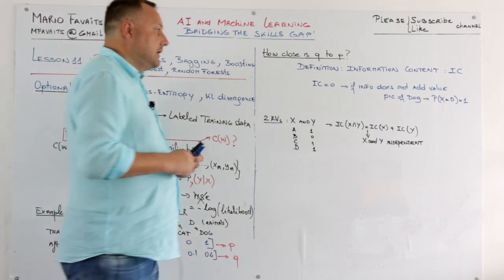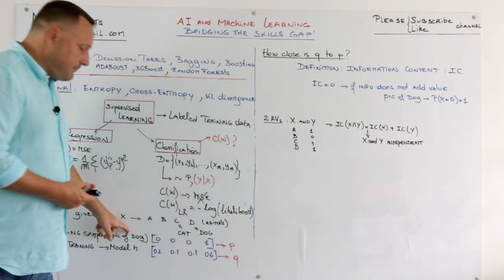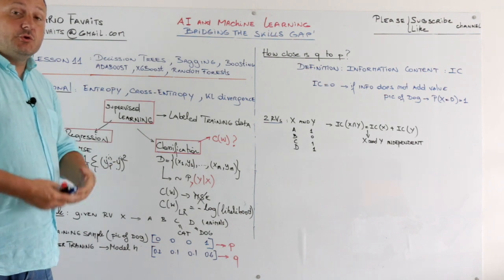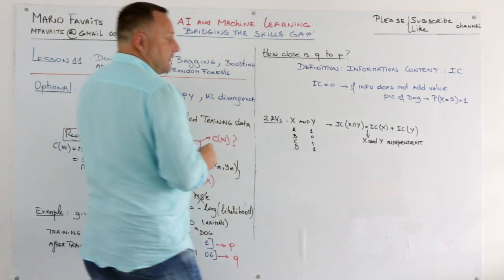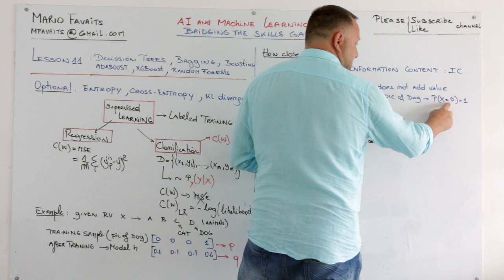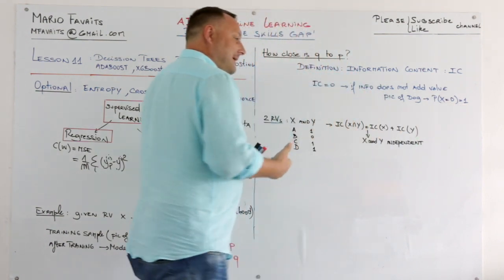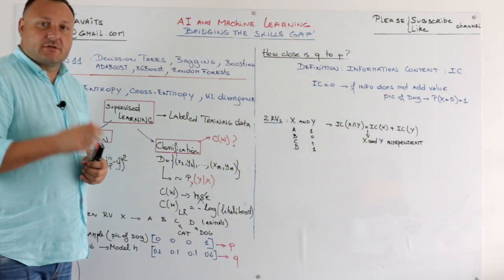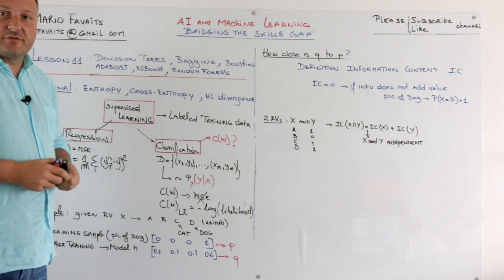An example: we give you a picture of the dog. You know it's a dog. So the chance that X is a dog is 1. It doesn't give you information, because you knew the picture was a dog.